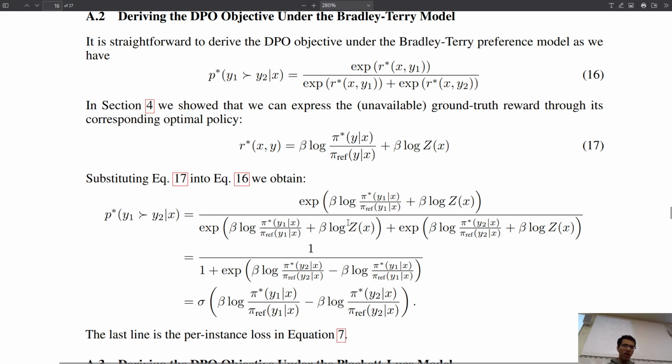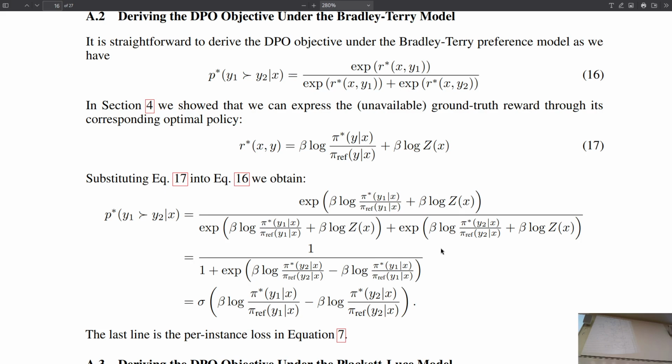Okay, well, in that sense, that's correct. We can cancel out the ZX. I guess I don't understand the last step, but the remainder of the idea is the same. So we have the R star that we have calculated as a function of the partition function, the supervised fine-tuned model, and then plus beta log of the partition function, right?